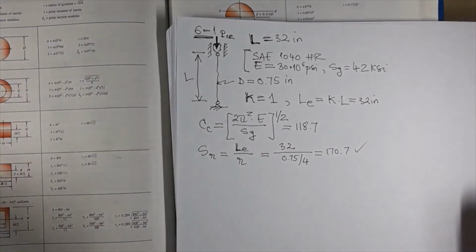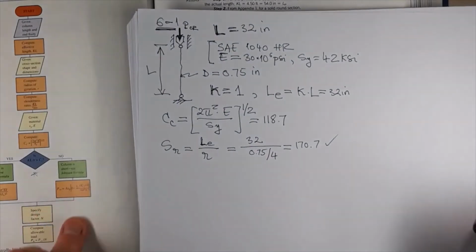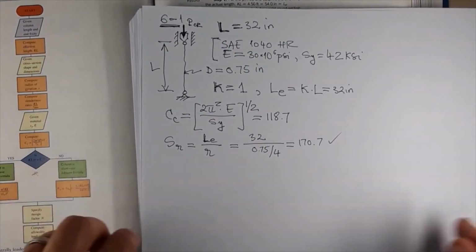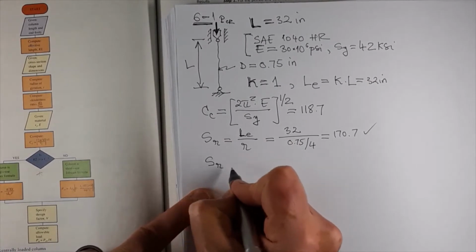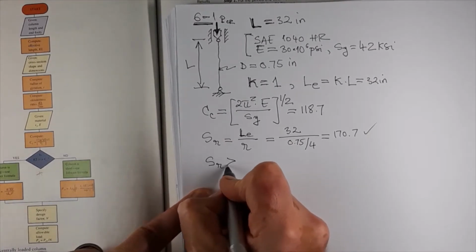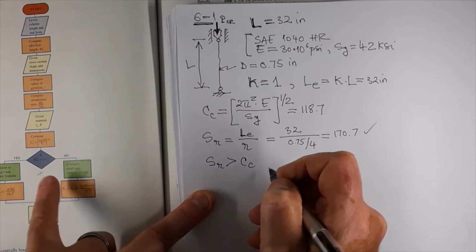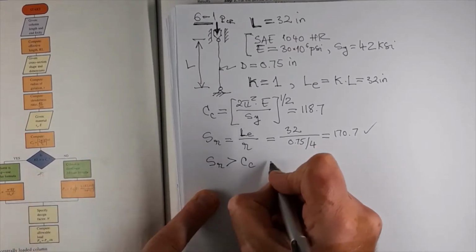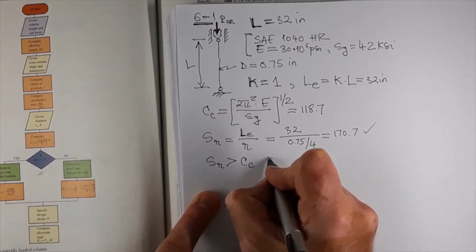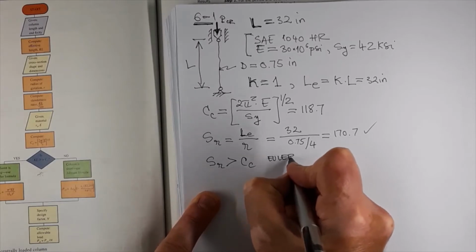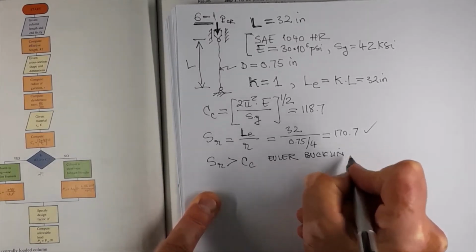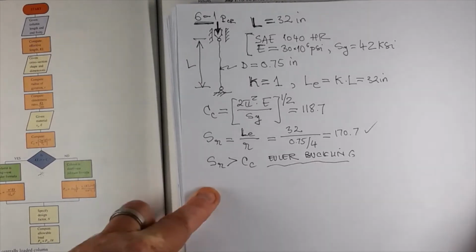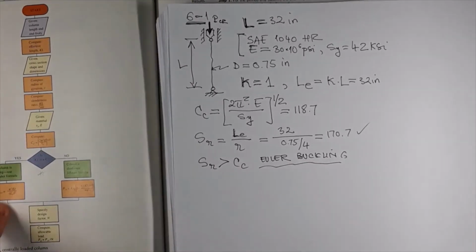So what we're seeing is that the slenderness ratio is greater than column constant. It means that it's Euler buckling, or elastic, and not due to plastic deformation.